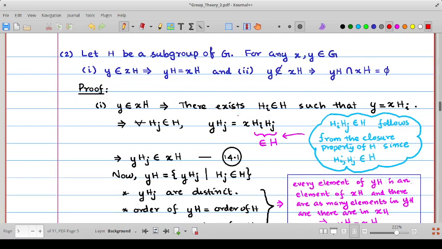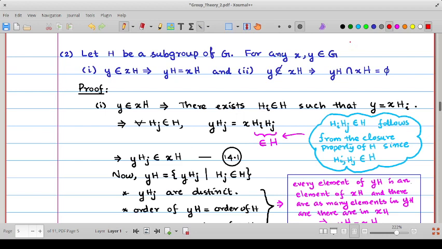And a second property is that for any x and y, which are elements of the group G, if y is in the coset xH, then it implies that the coset yH and coset xH are the same. Let me repeat this once again.